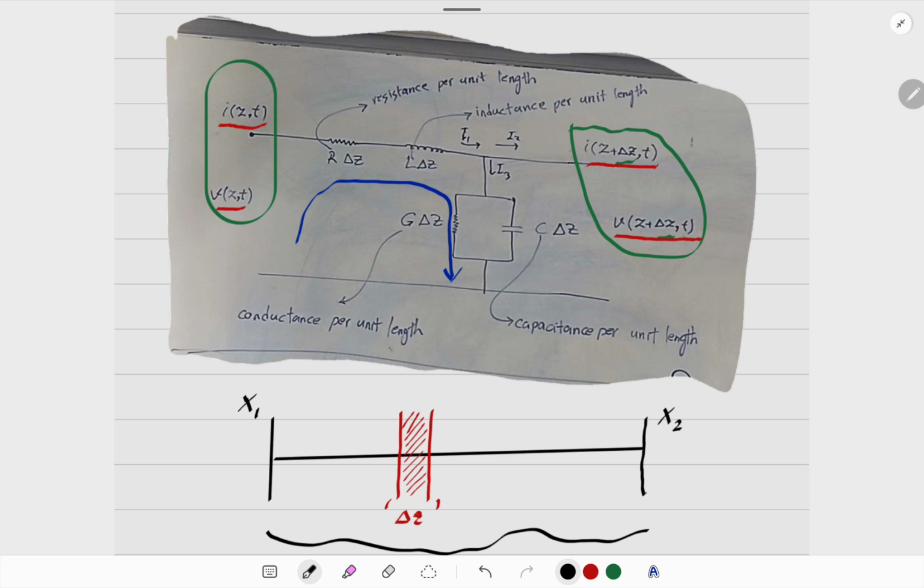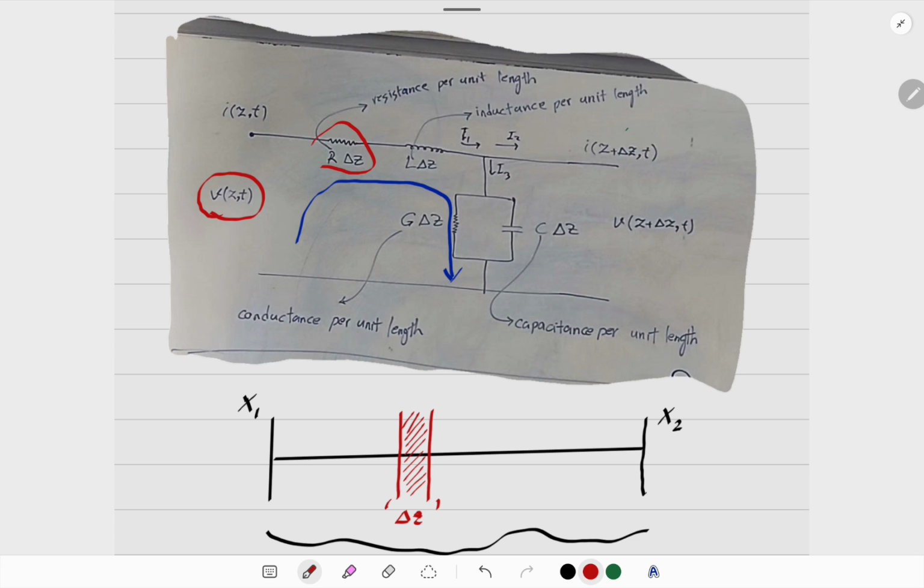If we follow this blue path, we see 4 different components right here. Let me erase this part and this part so I can show the components much more clearly. At first, we start with this V(z,t), then it is followed by this particular resistance and inductance, and this whole area is also included right here.